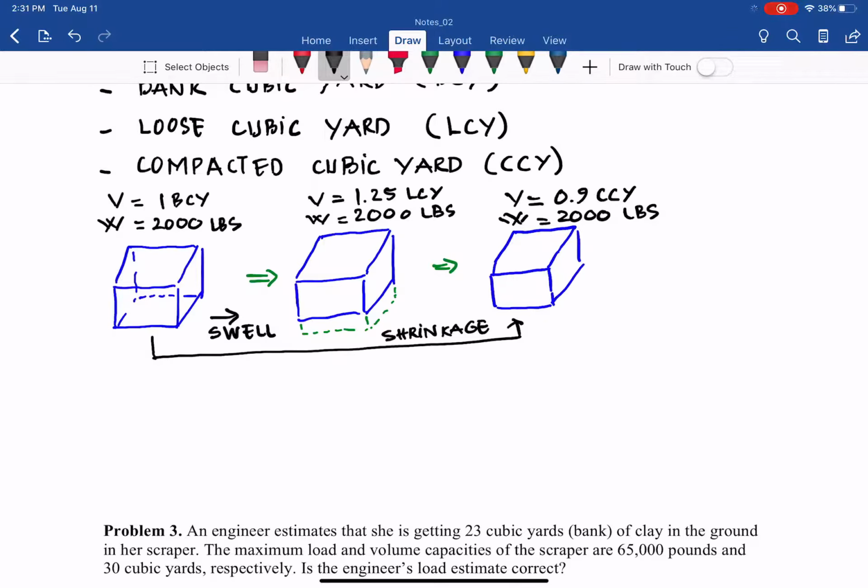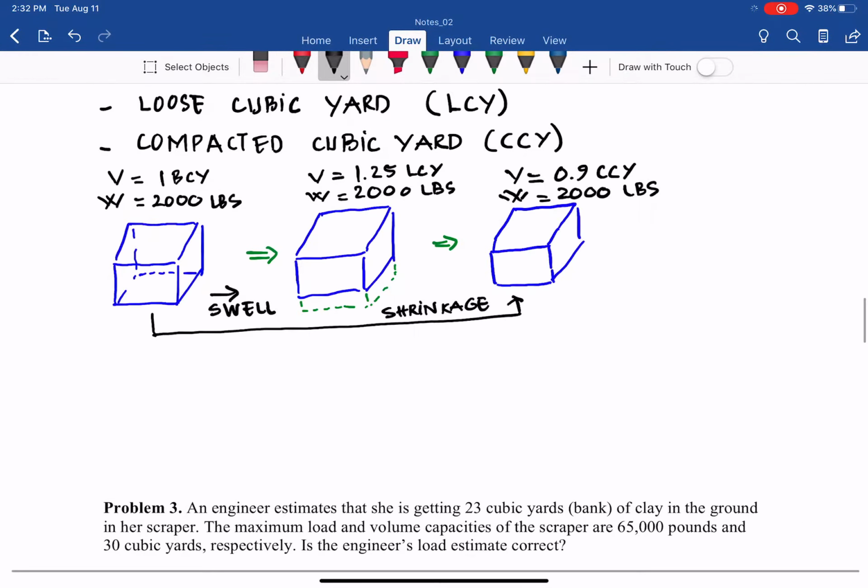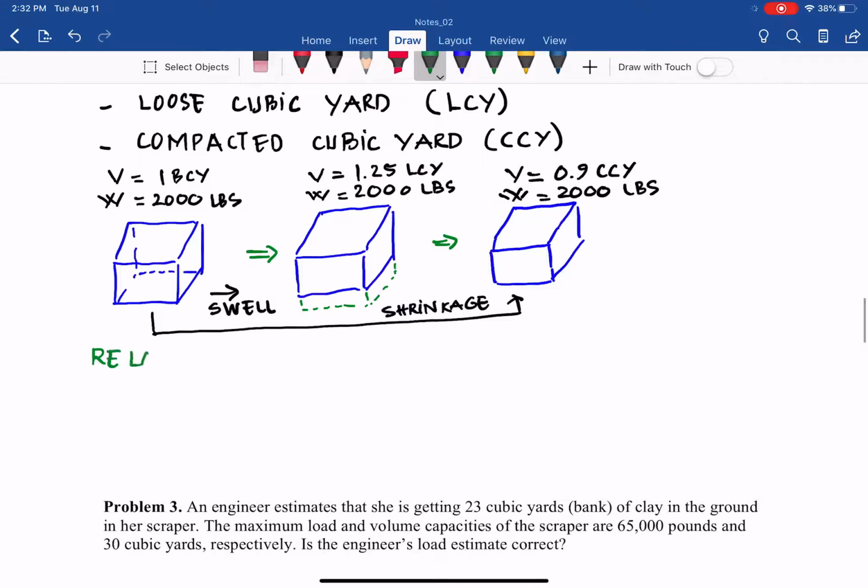And the question is, how can we determine the relationship between the measurements in here? So let's talk about the relationship of the three measures here.